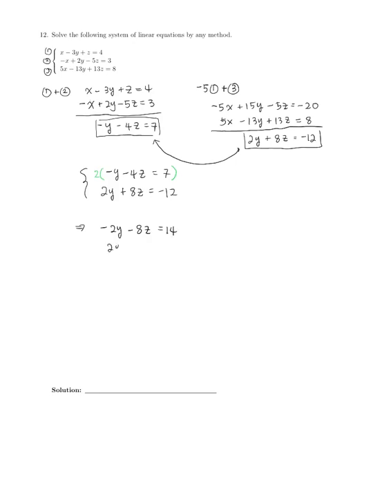The bottom is 2y plus 8z equals negative 12. Uh-oh, what's going to happen here? Now, if I add that vertically, on the left-hand side of the equation you're going to have a 0. On the right-hand side, you're going to get 2. 0 equals 2. That could never happen.